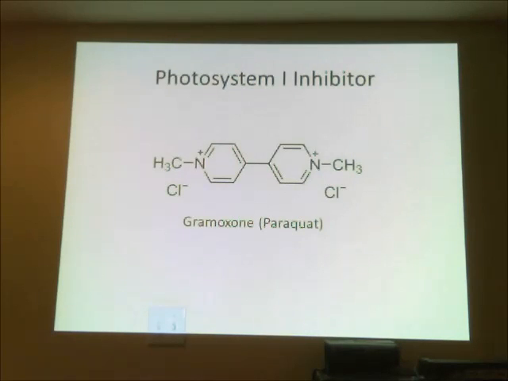This is pyridine, and this is pyridine here. So the compound is referred to as a 4,4' dipyridyl, or dipyridylium, because it's this ion, and this is a dichloride. And this compound, which is very, very easy to make, is fairly toxic to human beings.